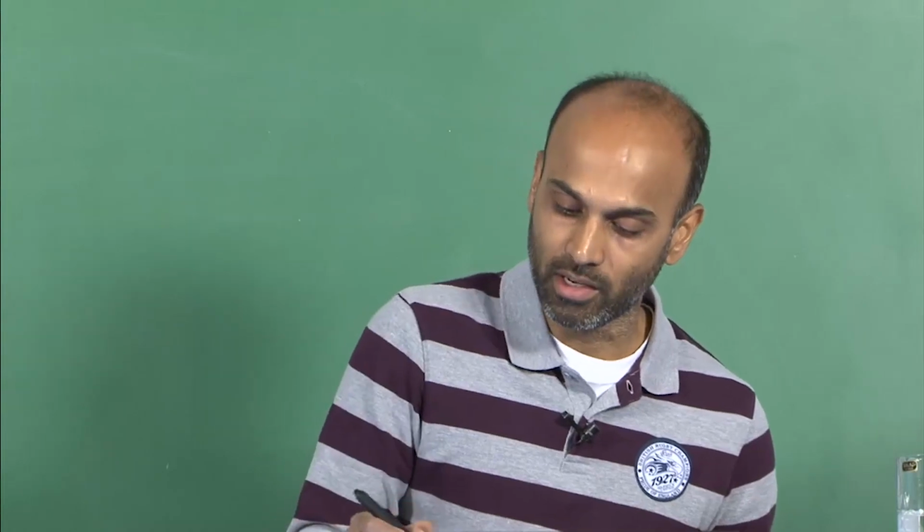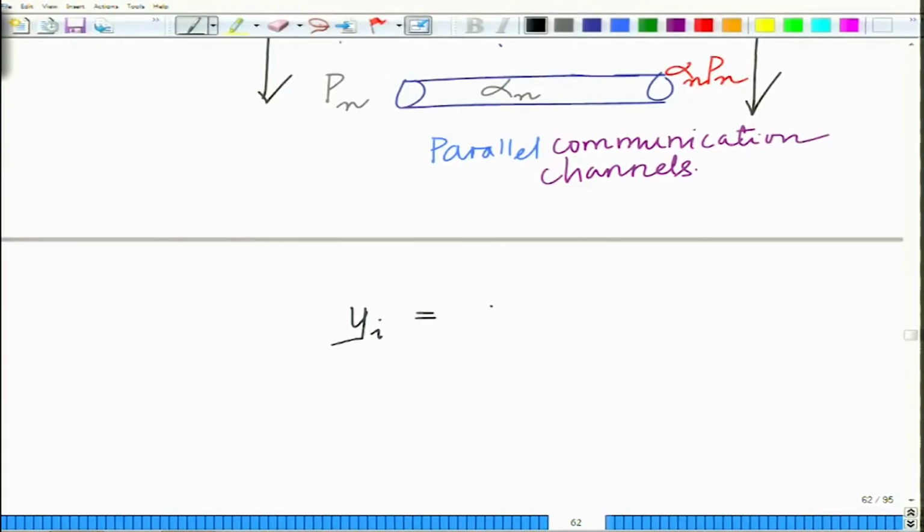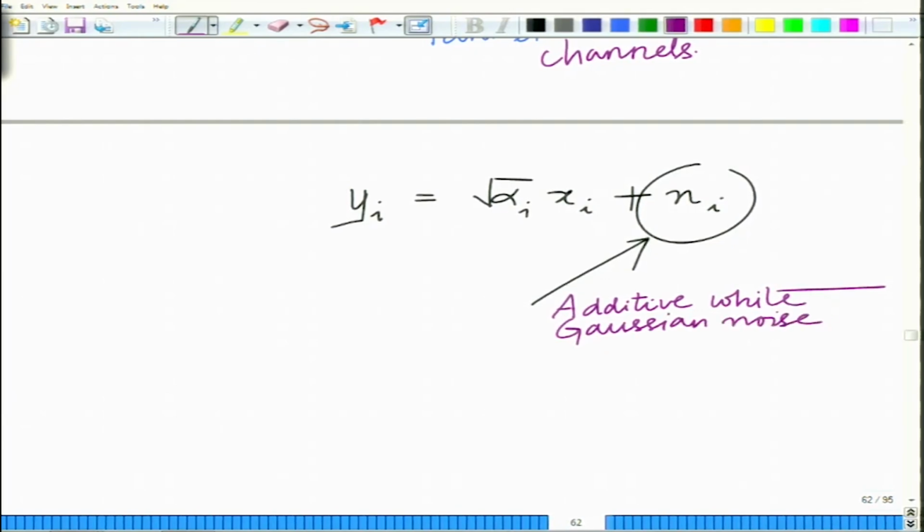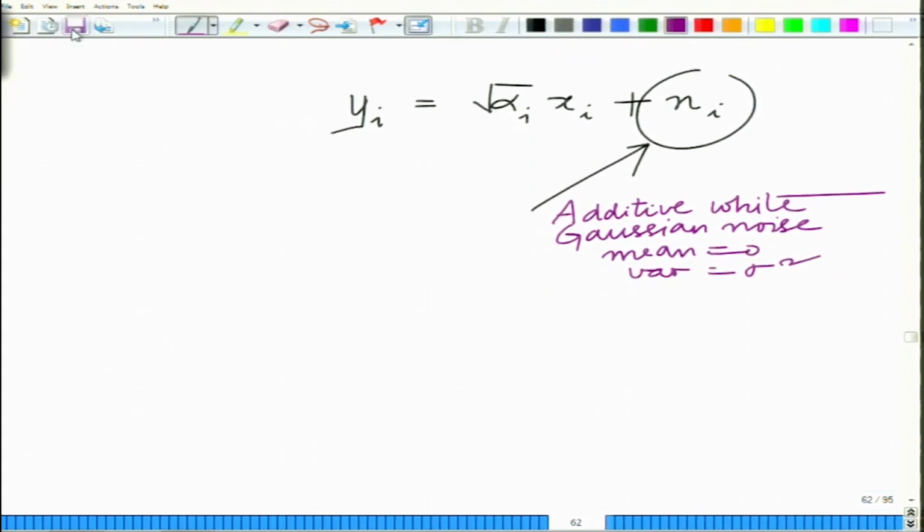So, we have this channel, that is yi equals, you can think of it as square root of alpha i, because alpha i is the gain in power, square root of alpha i xi plus ni, where this quantity ni is the additive white Gaussian noise, mean equals 0, variance equals sigma square. So, noise power is sigma square for each channel.